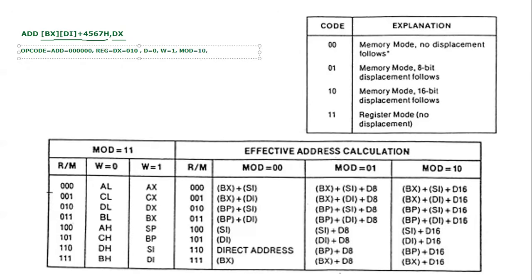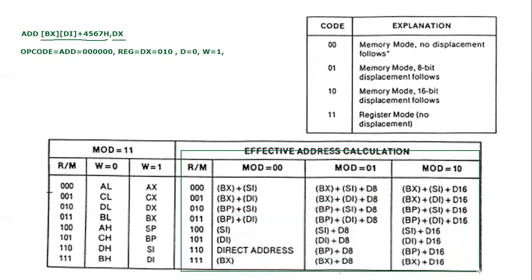Mod would be 10. Okay. Now there is r/m, and it is something different that we have not done in the last two examples. So r/m would be register or memory, because this time the second operand is memory. So we will go into this portion of this table, and we will look for mod equal to 10.